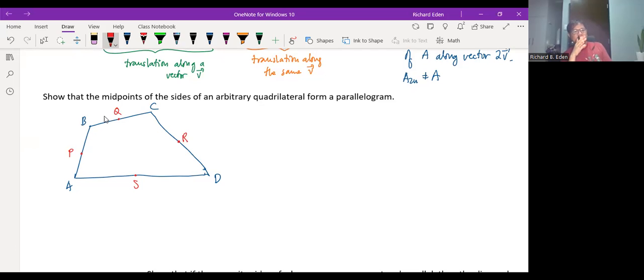So for example, P is the midpoint of AB, so that means if you do a half turn around P, the image of A is going to be B. Okay, and then if you do it naman along B half turn around Q, B will be brought to C. And then a half turn on R, C's image is D. And then around S, the image of D is A. Okay, so what we did here is 4 half turns.